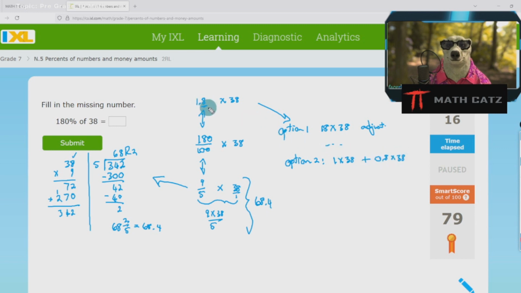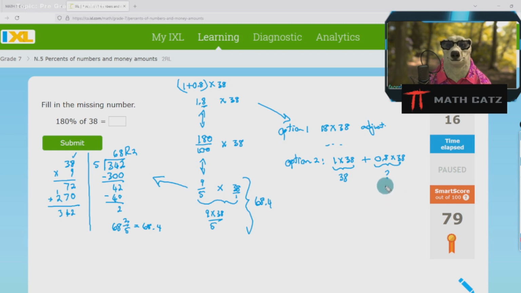Or you can think of it more mathematically as 1 plus 0.8 times 38, and then the distributive property gives me this. The point is that this part is super easy. It's just 38. So all I really need to do is this, which is a simpler calculation because I just have a one-digit 8 times 38.